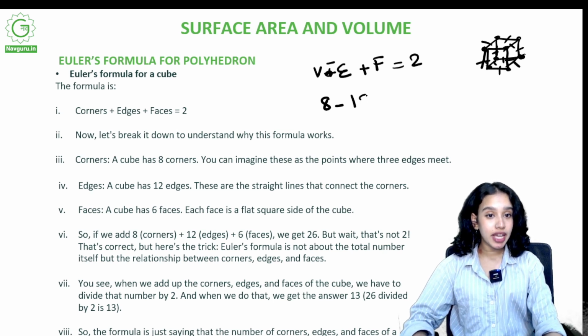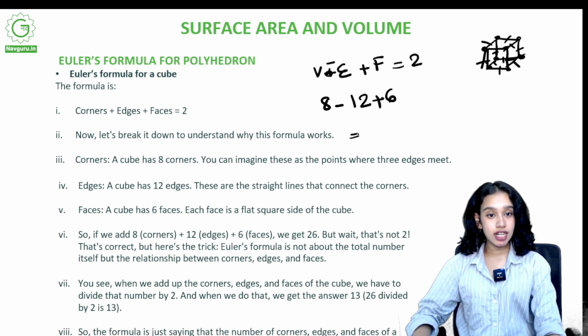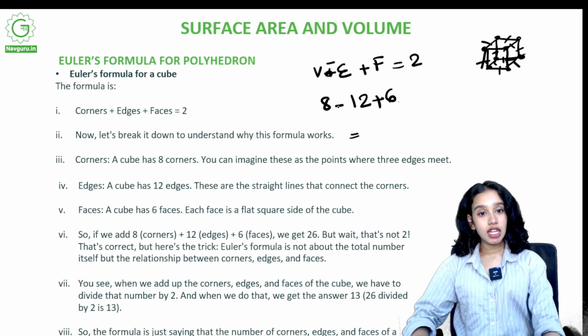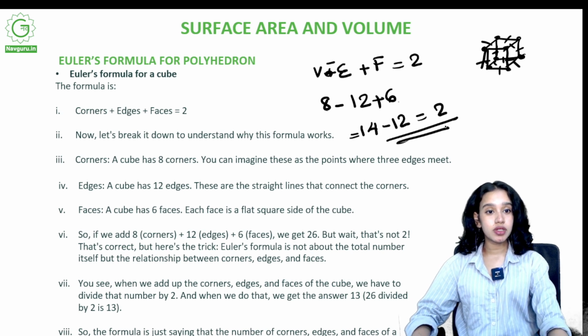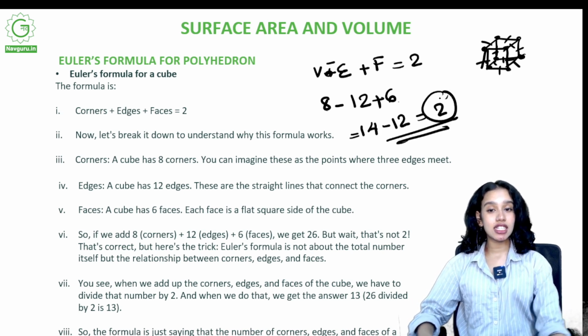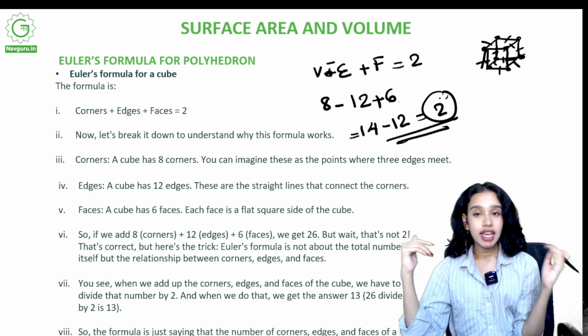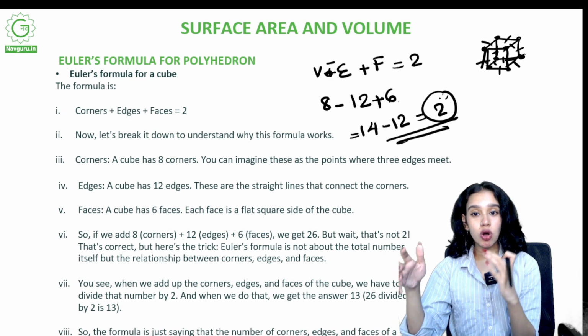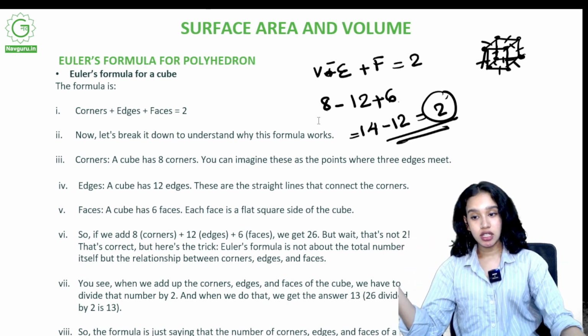We have 12 edges, and how many faces does it have? It has 6 faces, right? Now, what is 8 plus 6? 8 plus 6 is 14, and what is 14 minus 12? It is equal to 2. So, we got the connection in the formula. This is Euler's connection. We take any cube, and its corners, edges and faces would have this relation, right?